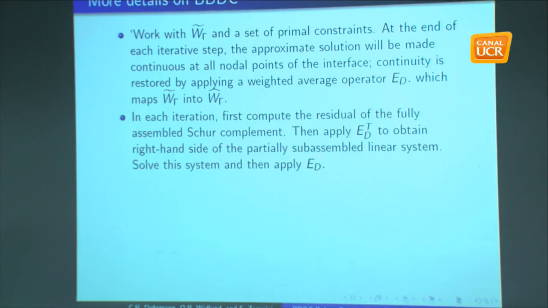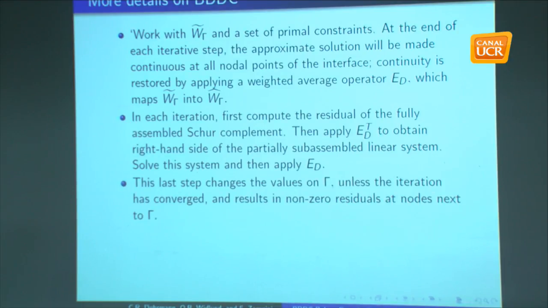And you solve that, and then you apply the average. And then you have completed one iteration. So as I said, you might get non-zero residuals at nodes next to the interface, which you can eliminate.